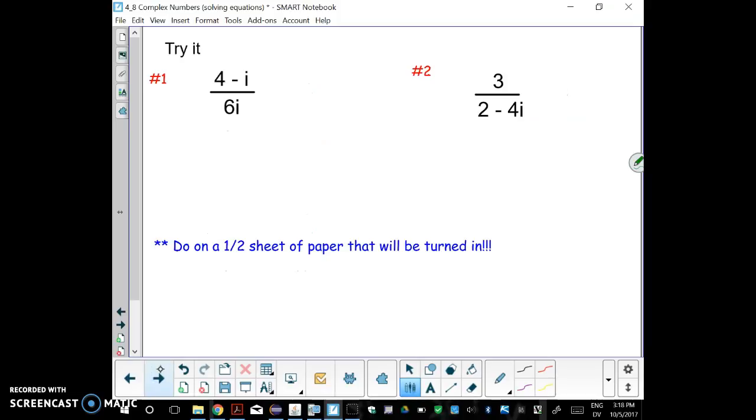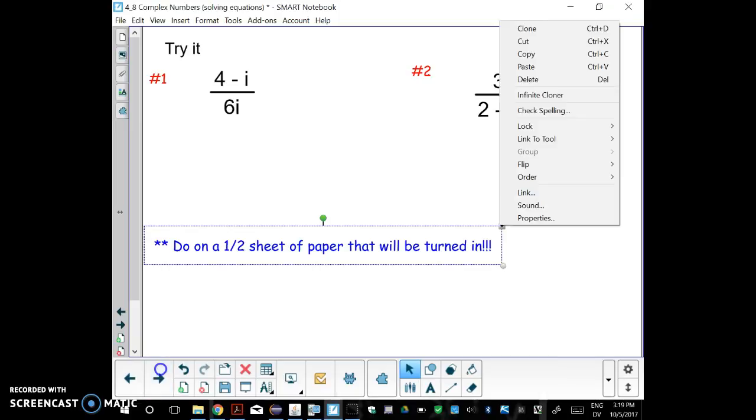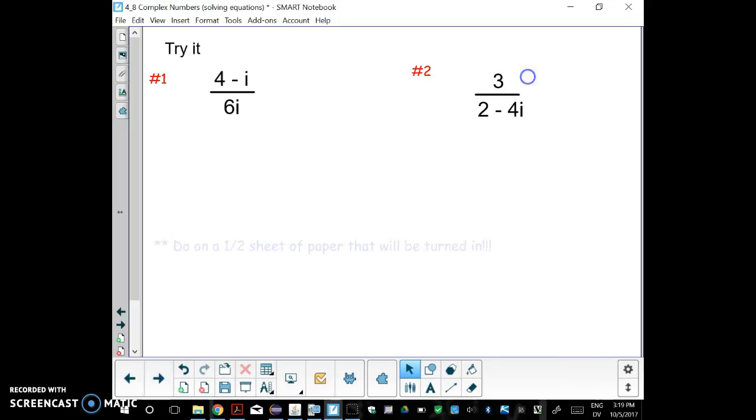Okay, so I got 2 sample problems for you. I'm not actually going to have you turn these in because I'm not here right now, but I'm just going to have you try them and then submit your answers in the computer here. So you can check your work against mine. First one, we're just going to multiply by i on top and bottom. So in the denominator, we'd get 6i squared.